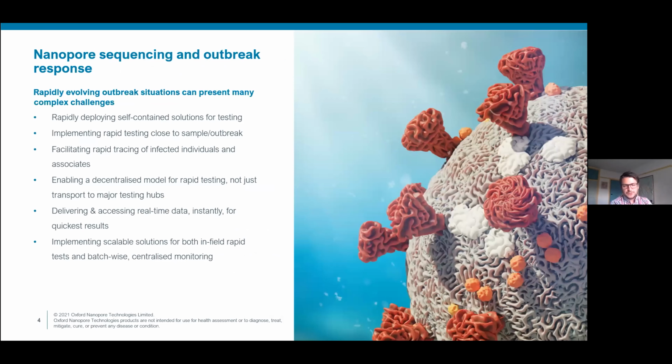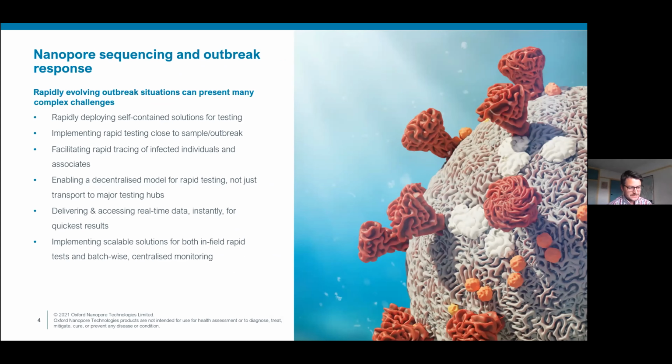So why use nanopore sequencing for this? Well, rapidly evolving outbreaks can present many complex challenges, and being able to deploy a sequencer or a sequencing network allows people to implement rapid testing close to the sample of the outbreak. This in turn can facilitate the tracing of individuals, and in a larger format it enables a decentralized model for rapid testing.